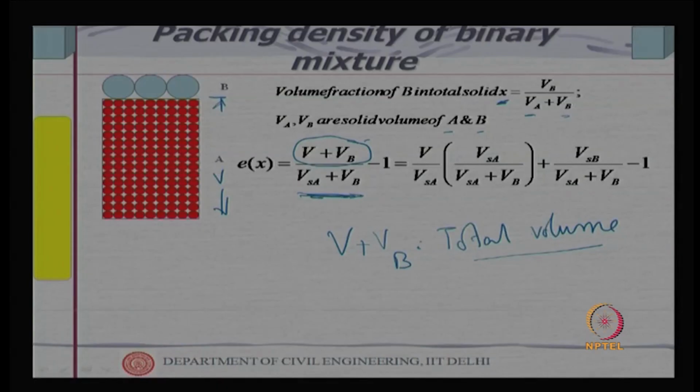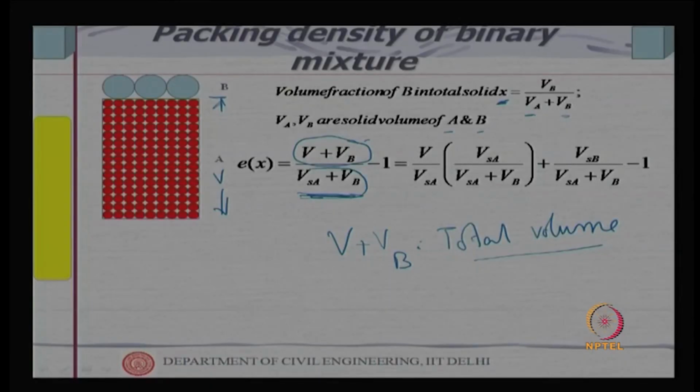So, if I add a small quantity of coarse aggregate of a different size fraction to bulk finer sized aggregate, what will it do? It will increase the bulk volume by the solid volume that I have added.